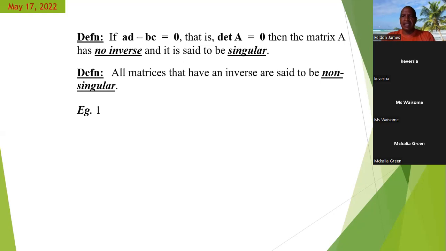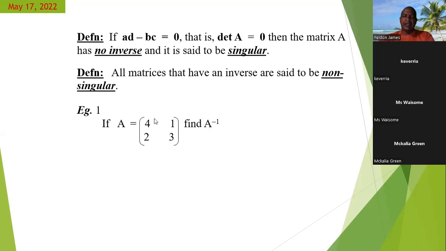And non-singular means that the matrix has an inverse because the determinant is a number other than 0. And once the matrix has a determinant other than 0, it means you can find the inverse. But if the determinant is 0, then there is no inverse for that matrix. All right, now example 1.